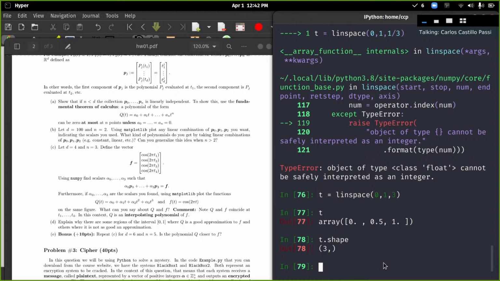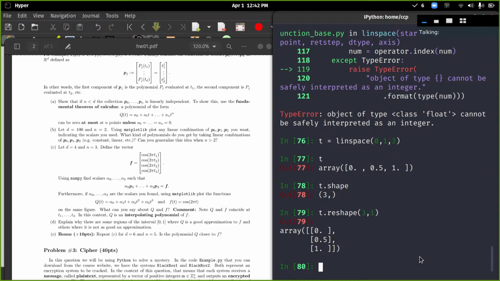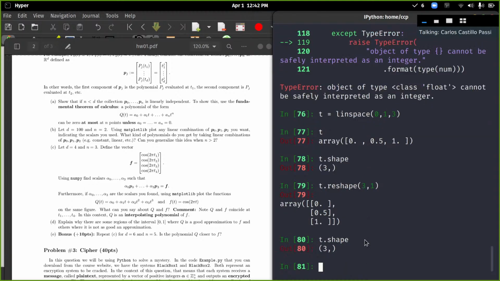The reshape function, what it does is that I can change the orientation of the vector. I can change a vector to a matrix by using, for example, 3, 1. Now instead of going to the side, it goes down like a proper vector.